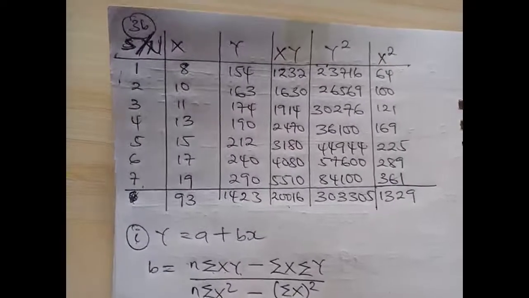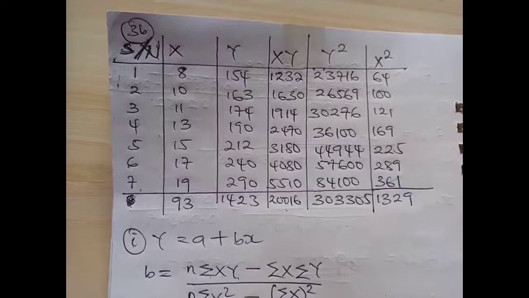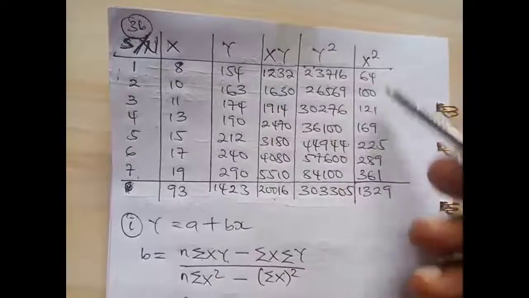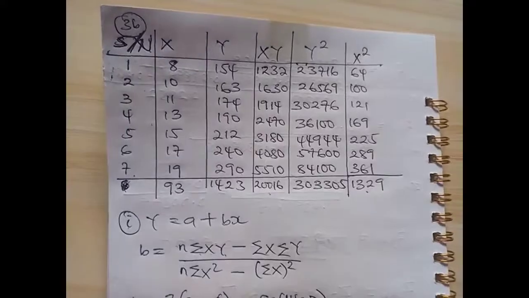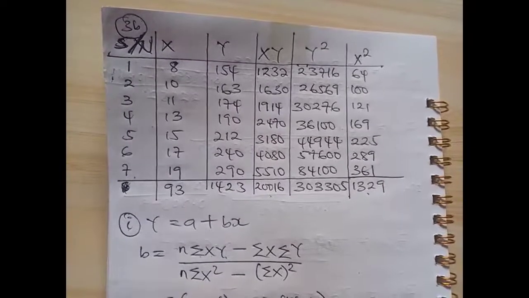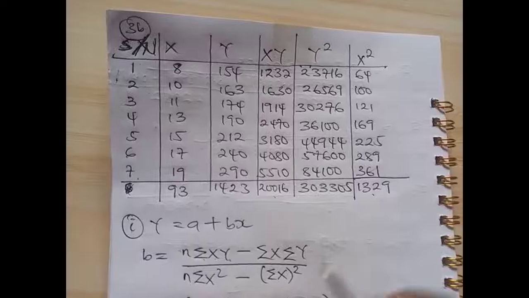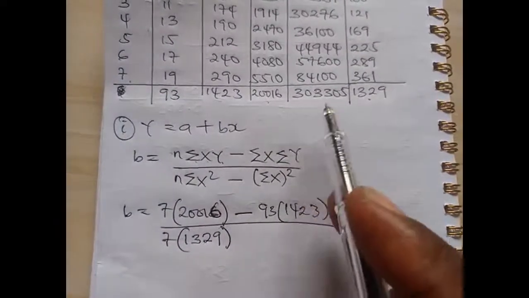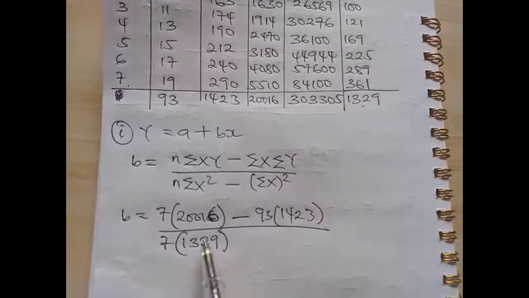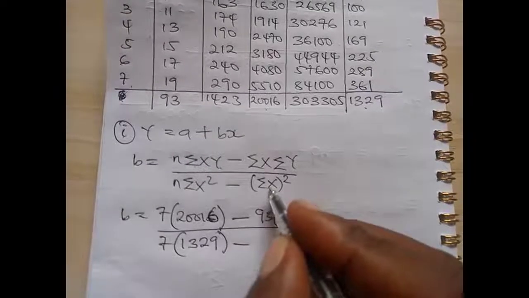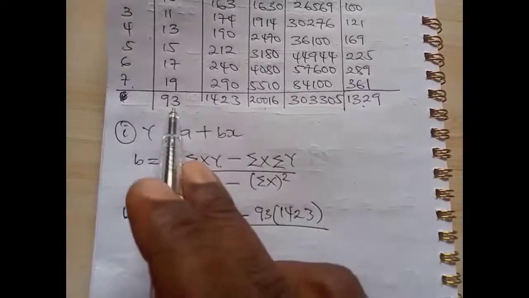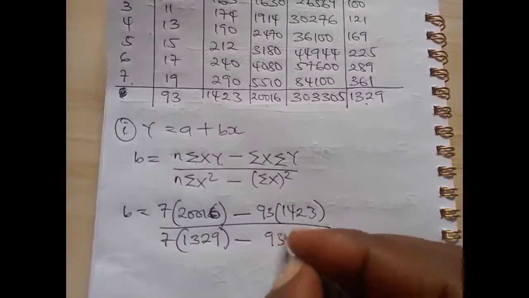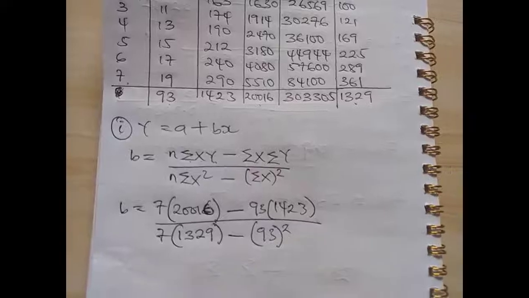Over n, which is 7, into summation x squared, it means add the x squared values, which is 1329. Add it together. The other x squared means the summation x, squared. That's what this one means, which is 93 squared.